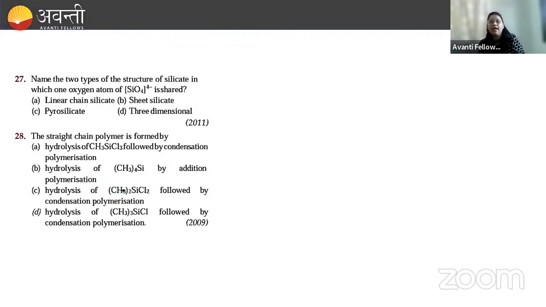Okay, next problem. Name the two types of structure of silicates in which one oxygen atom of SiO4 4 minus is shared. So we need to tell here which silicate contains a shared oxygen. Linear chain silicates, sheet silicates, pyrosilicates, 3-dimensional silicates. Among these, who shares the oxygen atom between SiO4 4 minus units?